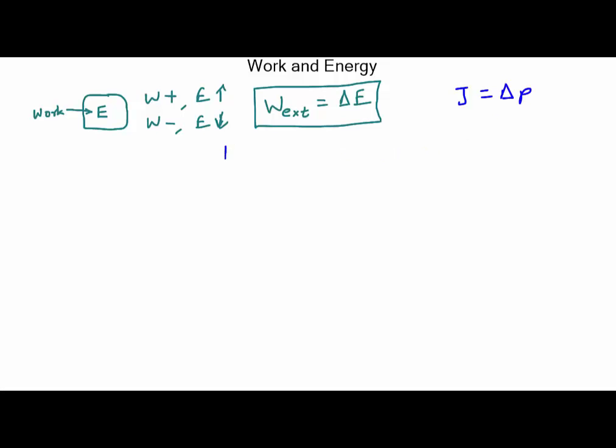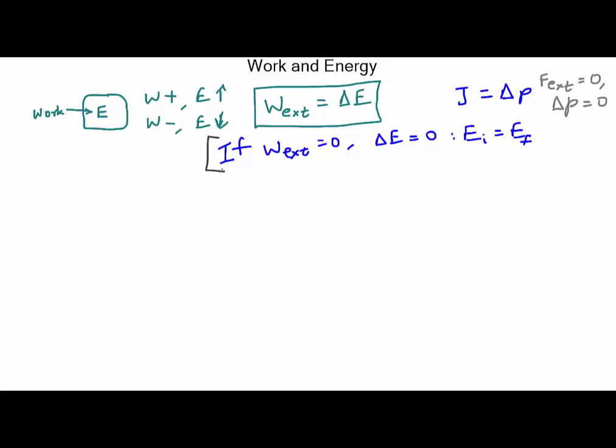So let's take a situation when the external work is 0. So if I have W external equal to 0, what happens? Well, in that situation, delta E has to be 0, which means E_i has to be equal to E_f. And once again, this is very similar to the fact that if F external was 0, that is when we had momentum conserved.